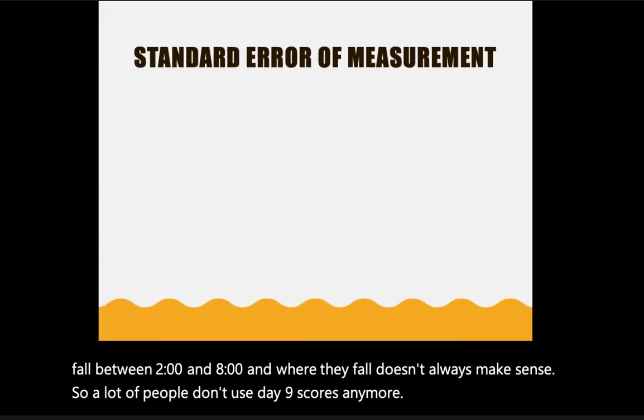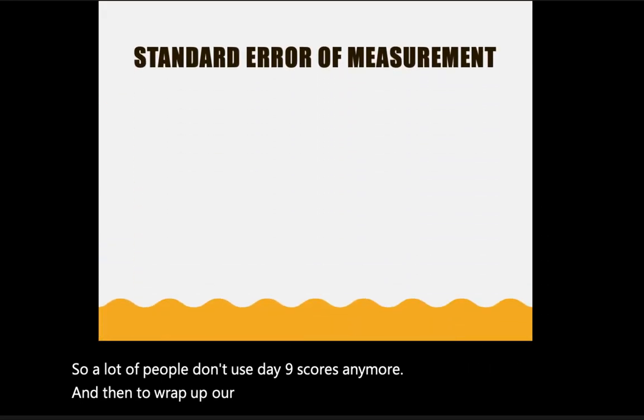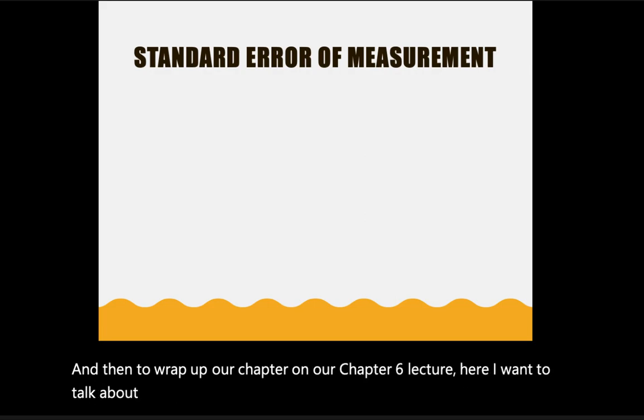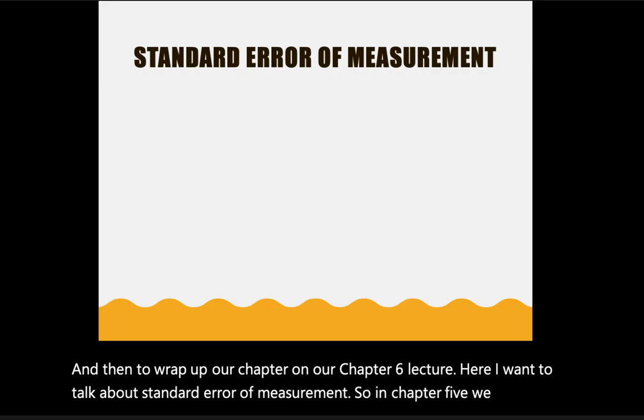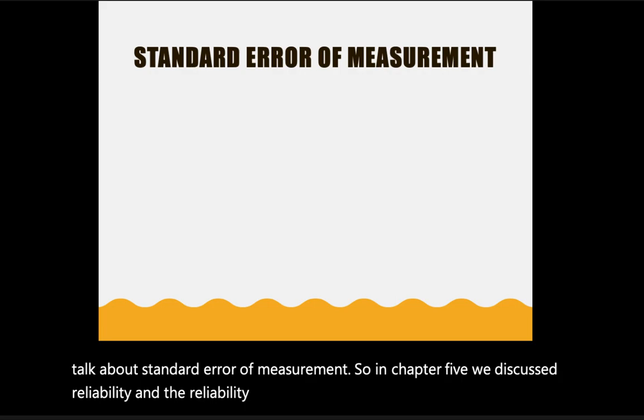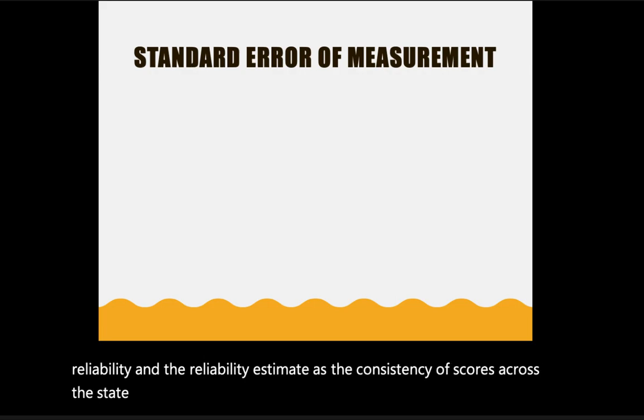And then to wrap up our chapter 6 lecture here, I want to talk about standard error of measurement. In chapter 5, we discussed reliability and the reliability estimate as the consistency of scores across a sample.